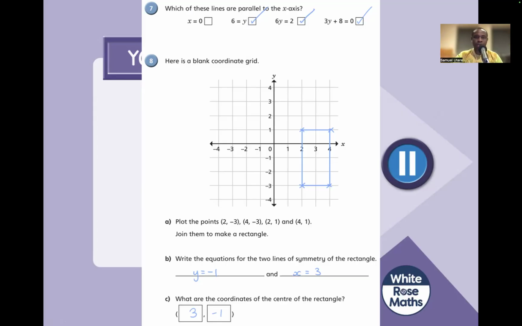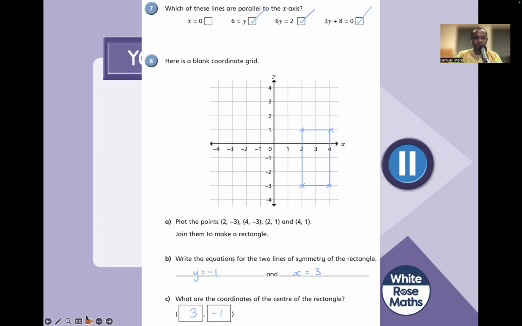So the line y equal to 6 will have to be a horizontal line that goes through the number 6 on the y-axis. And then here, if we had to simplify this, you would see that this would be y equal to 2/6, because if we were to solve and make y the subject, we'll have to divide both sides by 6.